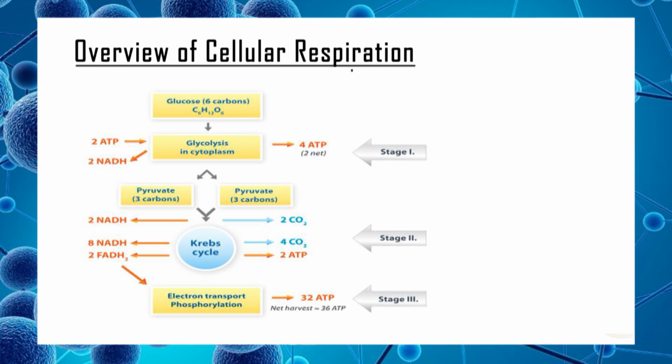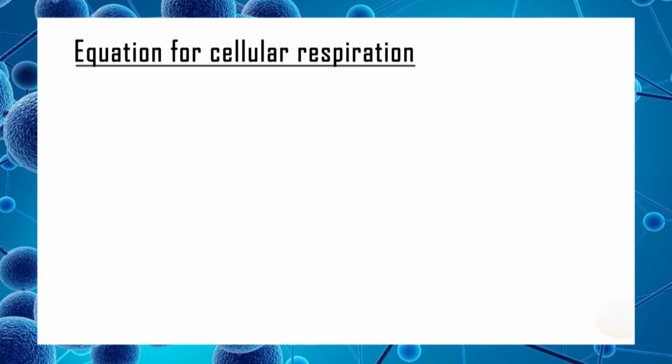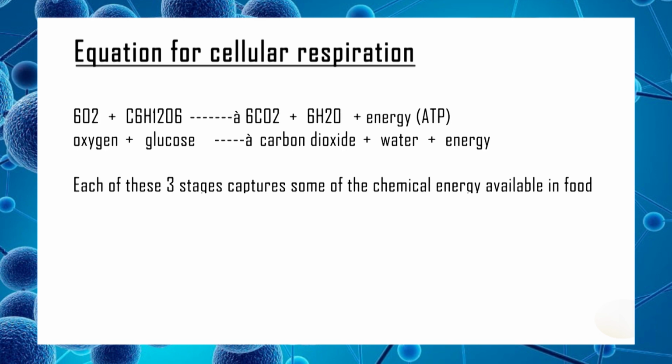All three combined make up cellular respiration, that is glycolysis, Krebs cycle and electron transport chain. It is a process that releases energy by breaking down food molecules in the presence of oxygen. The equation of cellular respiration you can see here: 6O2 plus C6H12O6 gives 6 carbon dioxide plus 6 molecules of water plus energy, that is ATP.